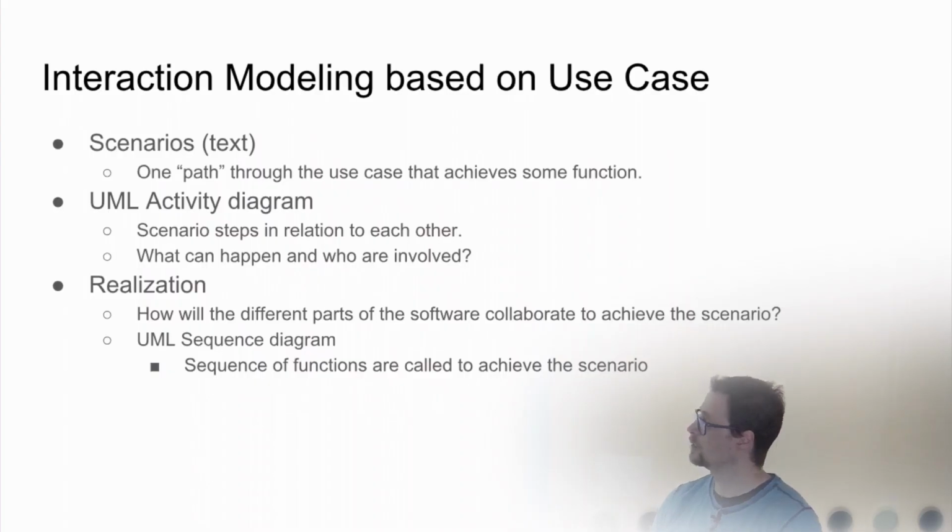Another way to use use cases as a base for modeling the system is to do use case realizations. In use case realizations, we look inside the system instead. So we take a look at the parts of the system and how they will collaborate to achieve the functionality of the scenario.